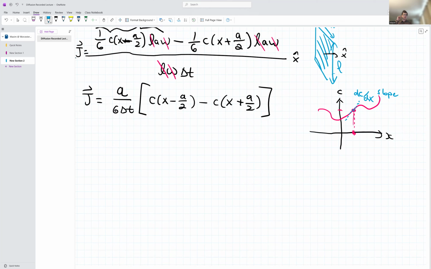And there's a general approximation that you do, which is called the Taylor series.